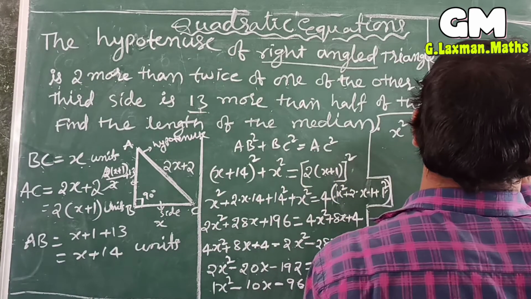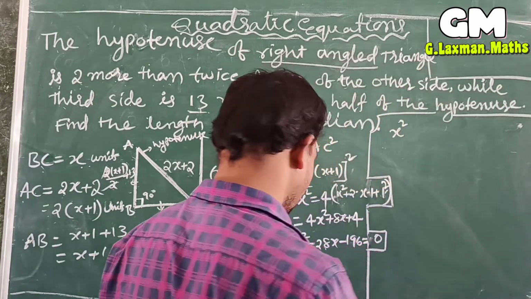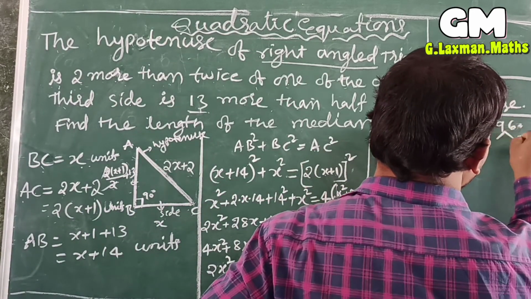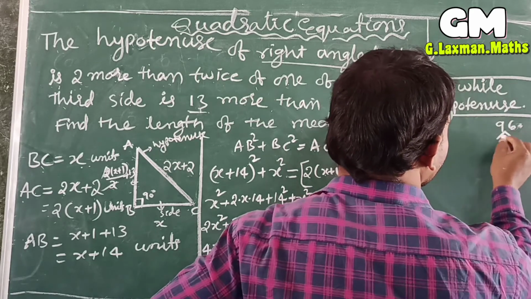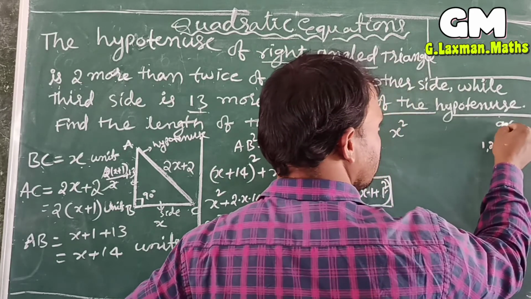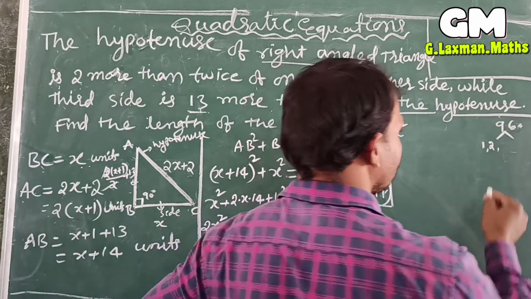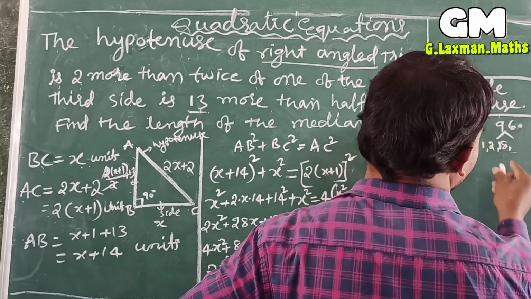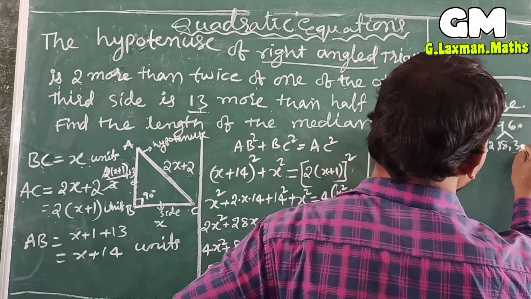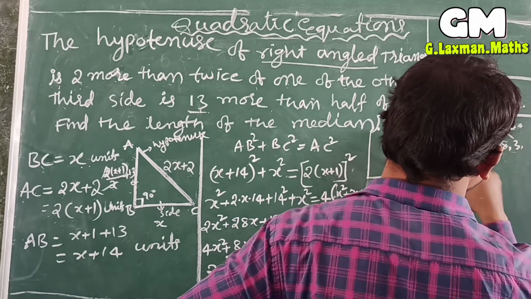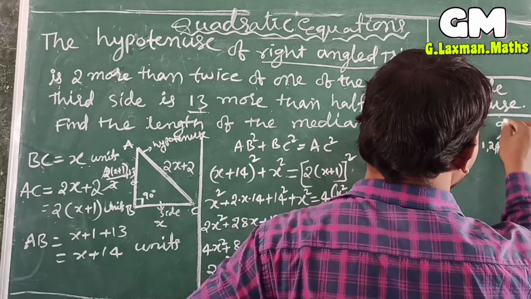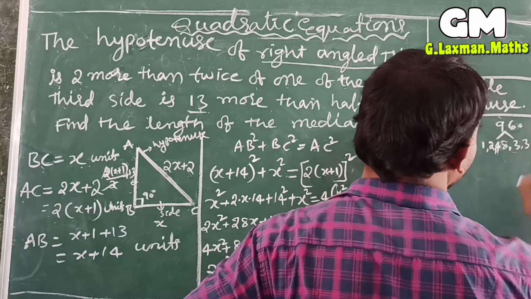Just for understanding purpose, I am writing the factors of 96 here. Which tables will we get? The 1 and 2 tables: 2 fours are 8, 2 eights are 16. Next the 3 table, 3 sixteens are 48.